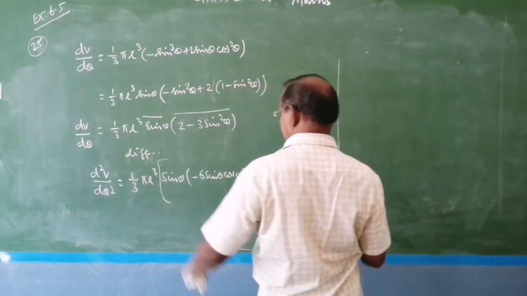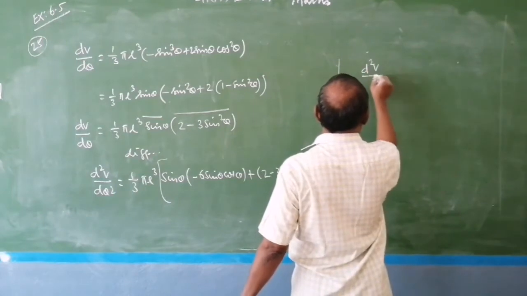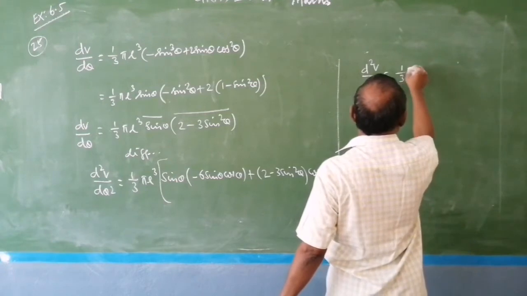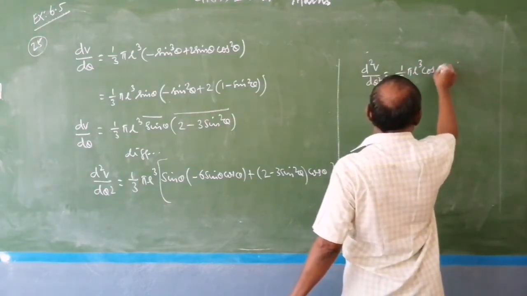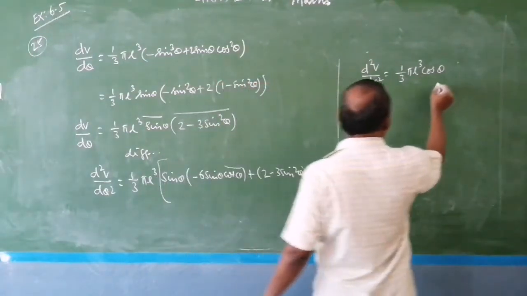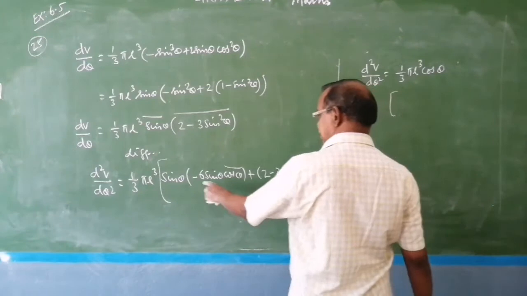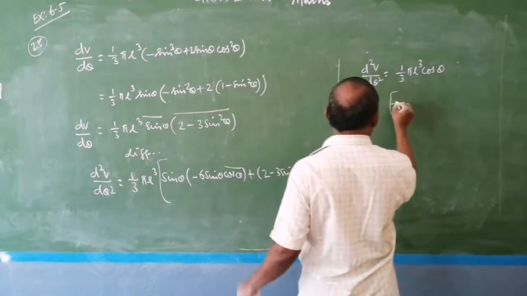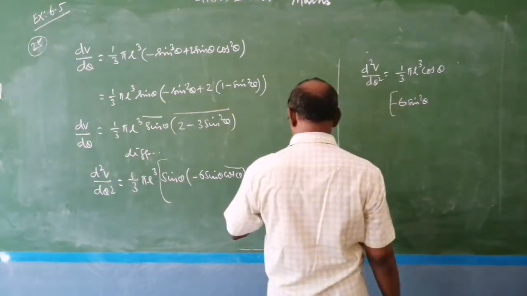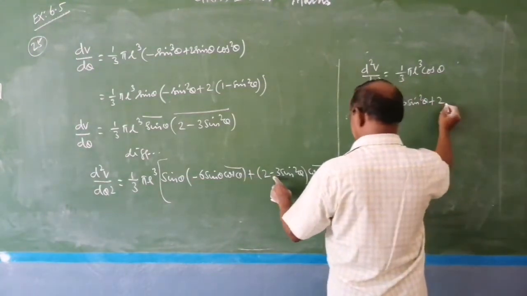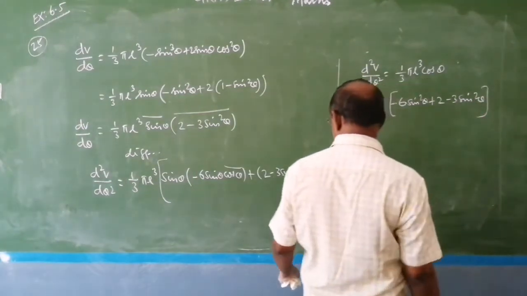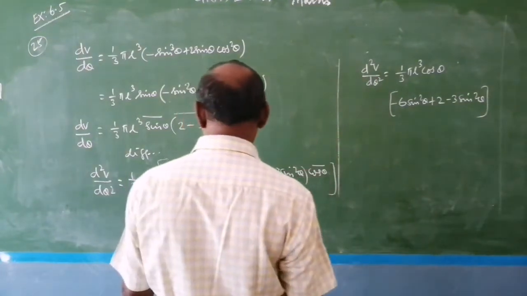Now, taking cos theta as common, d square V by d theta square equals 1 by 3 pi L cube cos theta into, taking out cos theta, the remaining part is minus 6 sin square theta plus 2 minus 3 sin square theta.